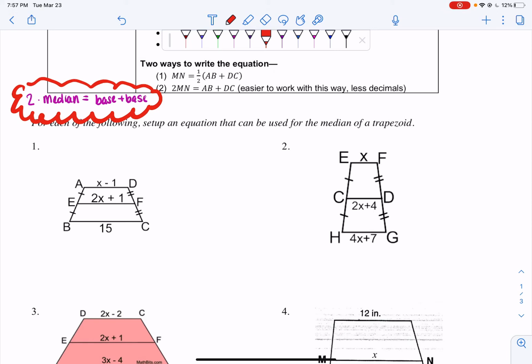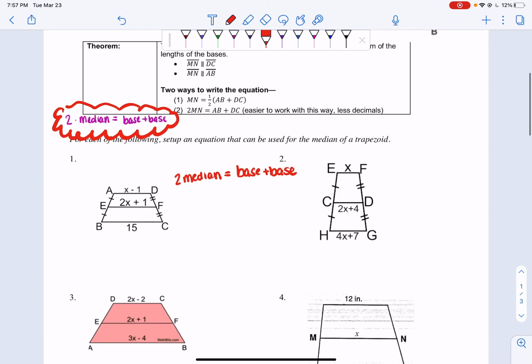So I'm going to write 2 times my median equals base plus base. My median is 2x plus 1, so I'm going to do 2 times (2x plus 1) equals base plus base. So I'm going to do my x minus 1 and my 15. And this is your final answer. Tomorrow we're actually going to solve. Today we're just doing setup.